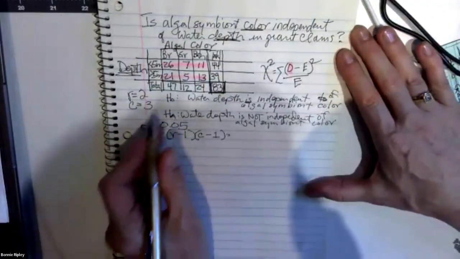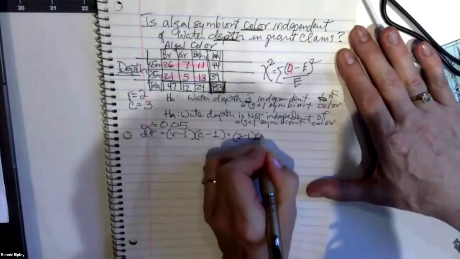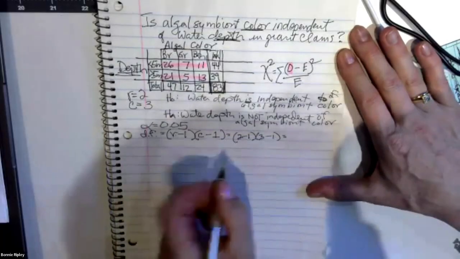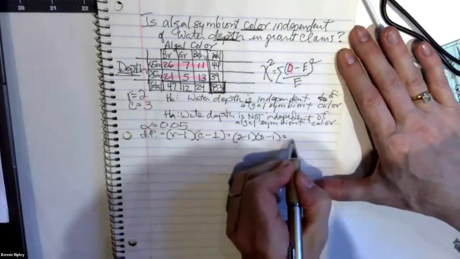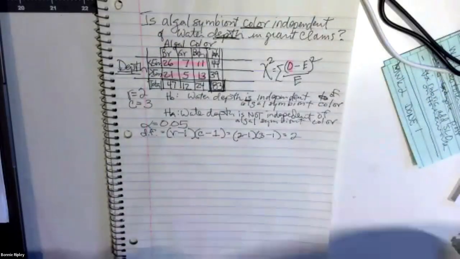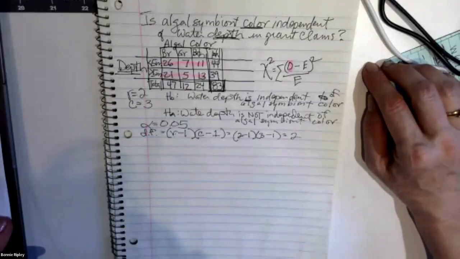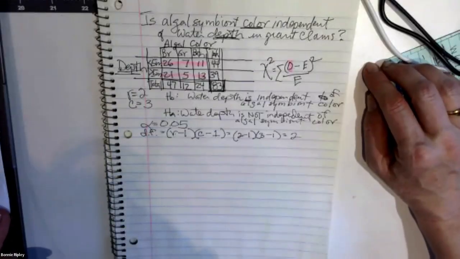According to the formula, we do 2 minus 1 times 3 minus 1, which equals 1 times 2, which is 2, which the finger method also got us. So those we are going to need.